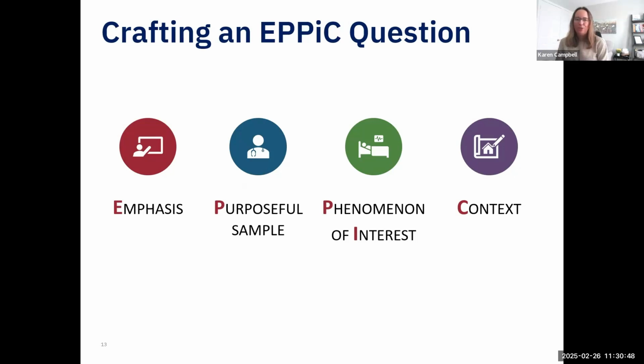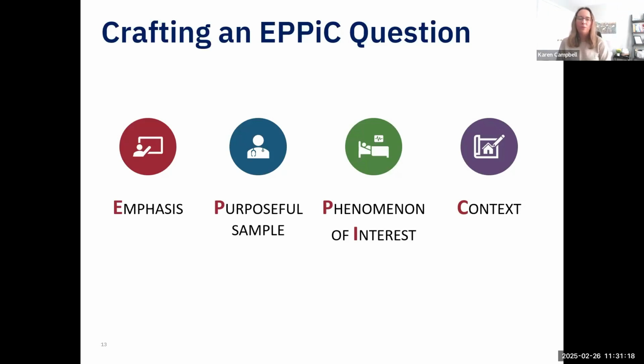We were teaching qualitative research at the graduate level and noticing the struggles that many students were having with crafting qualitative research questions. And if you don't craft a good research question, it's difficult to have a good research proposal. So we came up with the elements that we believe help you to create a good question, and we call it the EPPiC framework.